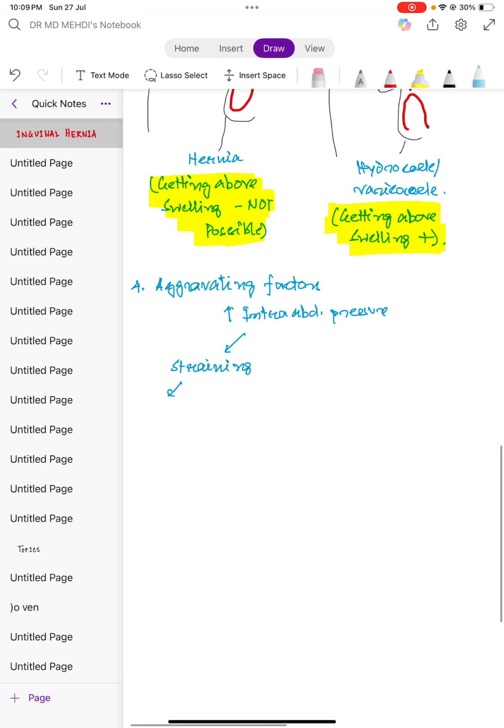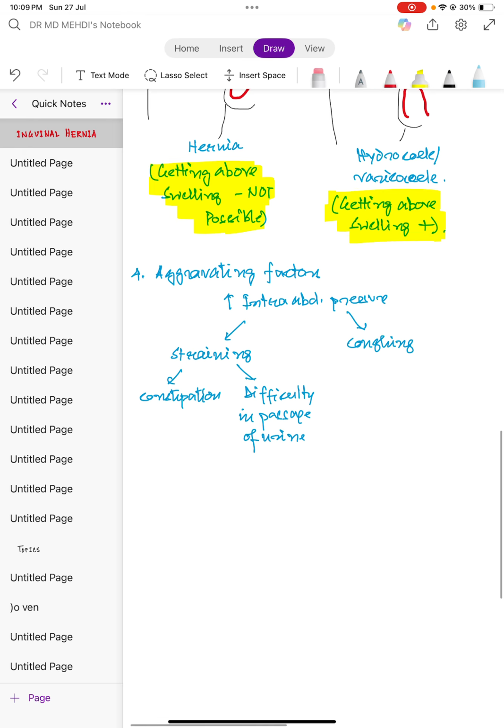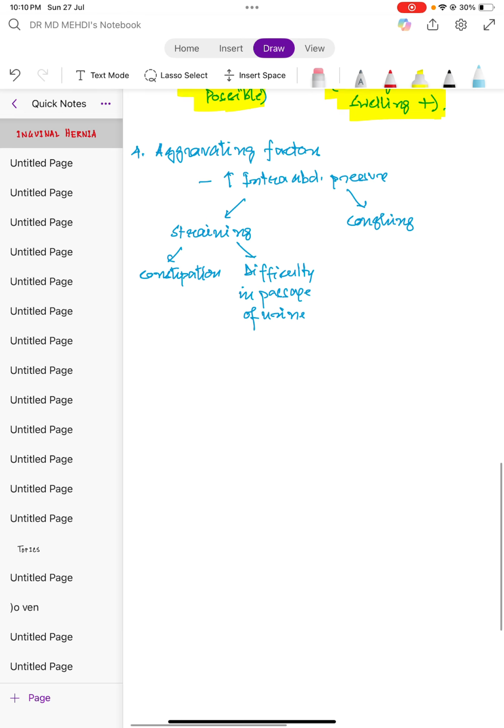While constipation or difficulty in passage of urine. Also, increase in abdominal pressure occurs during coughing. Other aggravating factors are predominantly standing. So these are the main aggravating factors.